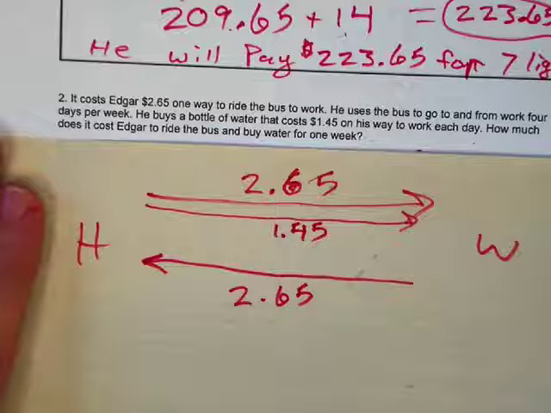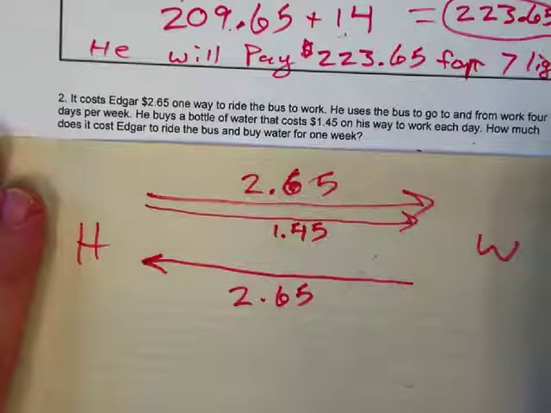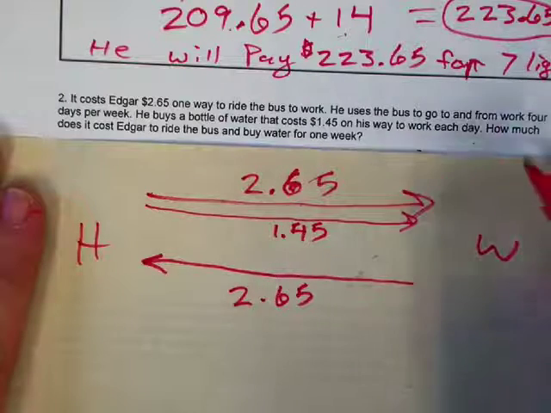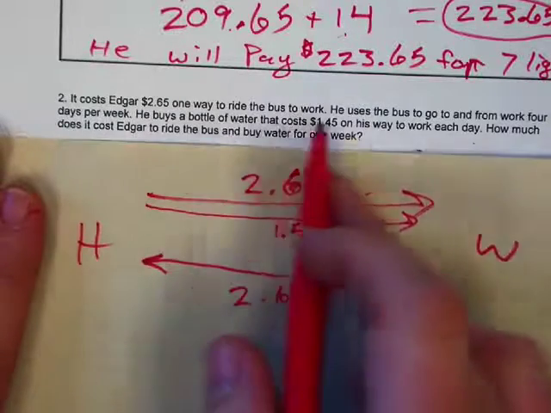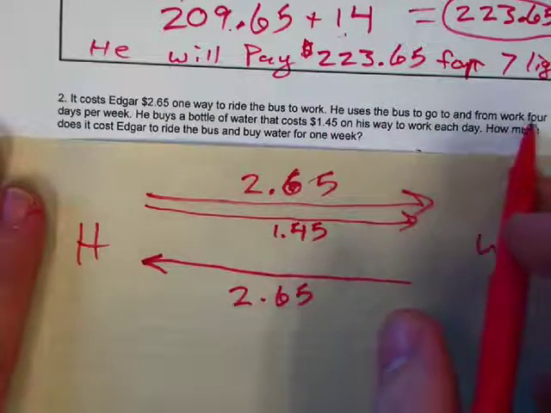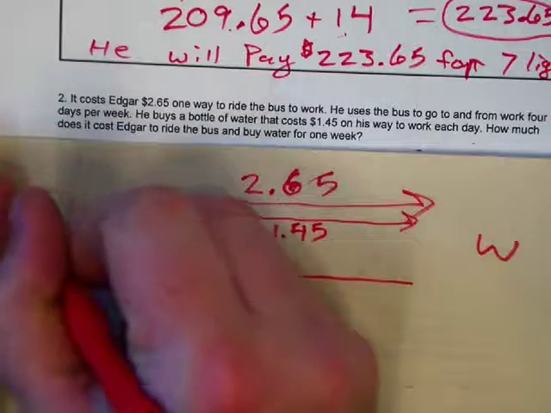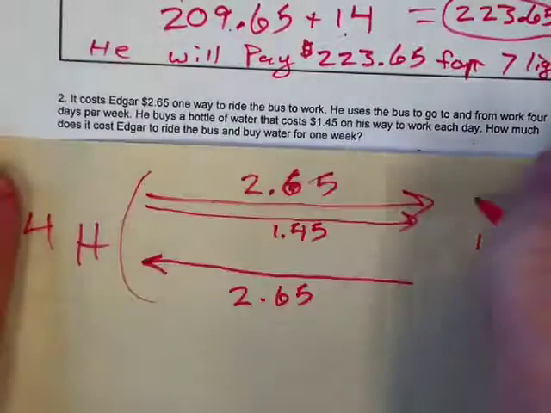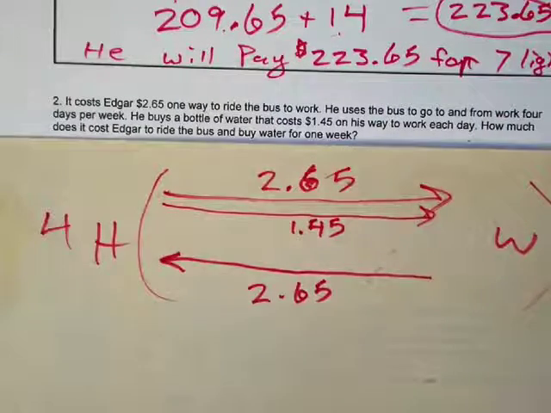Okay, so now we say, all right, we need to set this up. How many days is he riding to and from work? He's riding for 1 week. He uses the bus to go to and from work 4 days per week. So 4 days. So we need 4 of all of these. Well, how do we set that up?